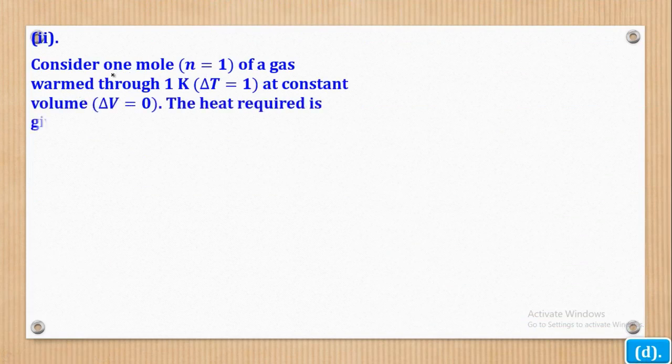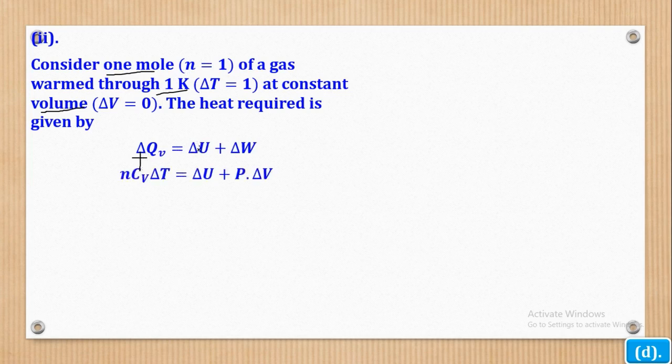So you come and say that consider 1 mole of a gas warmed through 1 Kelvin at constant volume. The heat required is given by that. So 1 mole, then we shall substitute in the formula for heat required, which is that, then internal energy, and work done, which is pressure times change in volume.